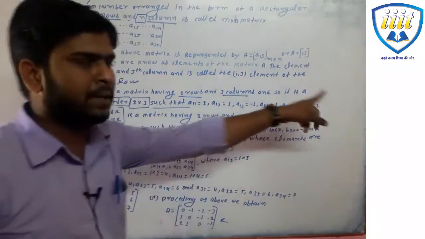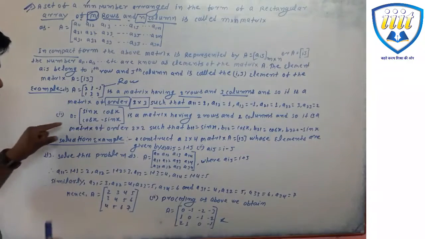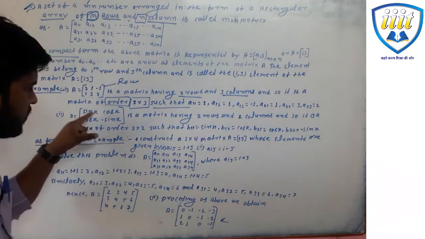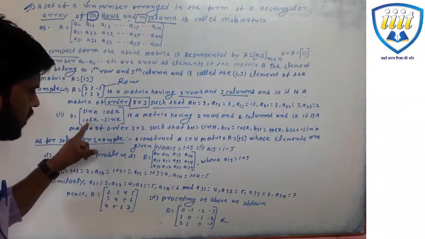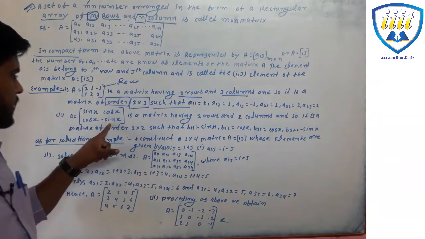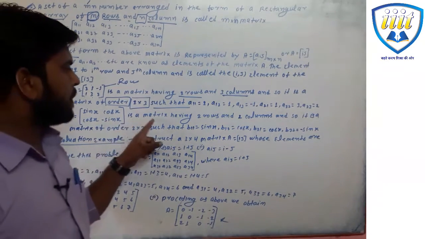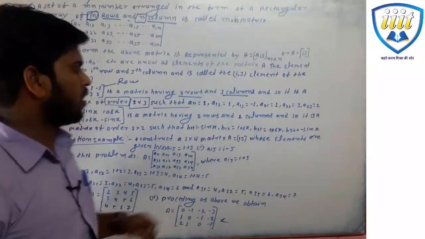As for example, the matrix with entries sin x, cos x, and minus sin x is a matrix having 2 rows and 2 columns.